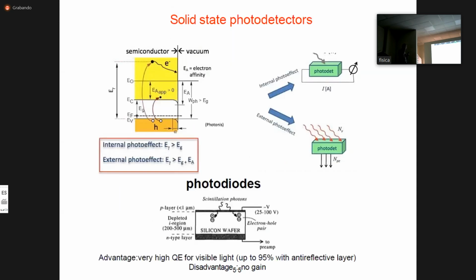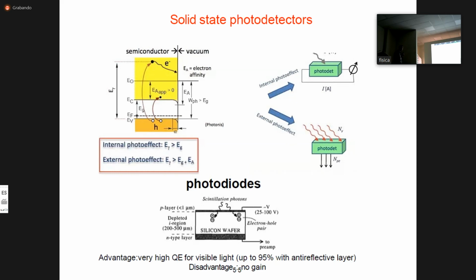Now, that was a vacuum device which was invented almost 100 years ago. During the development of semiconductor materials, physicists started to consider new opportunities to detect light and came up with an idea to use silicon, which is used in basic semiconductor materials, transistors, diodes, and so on.